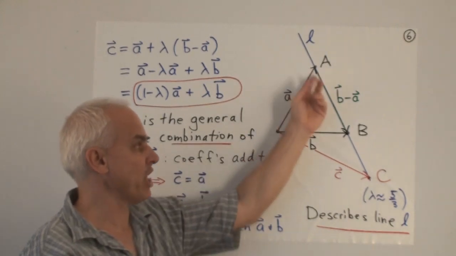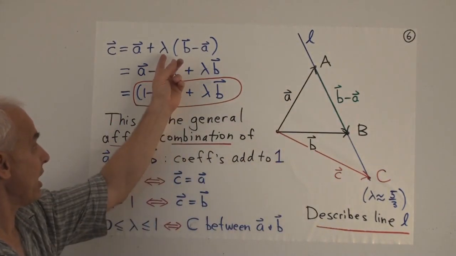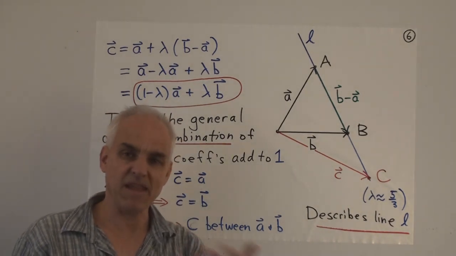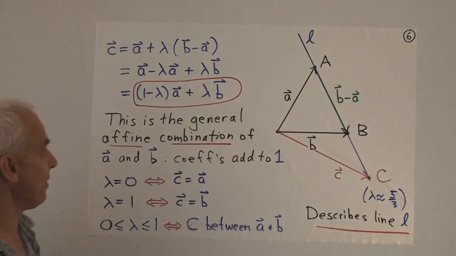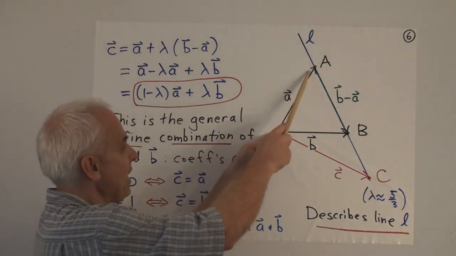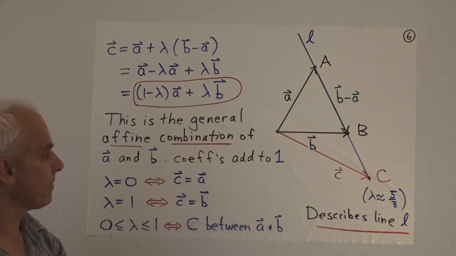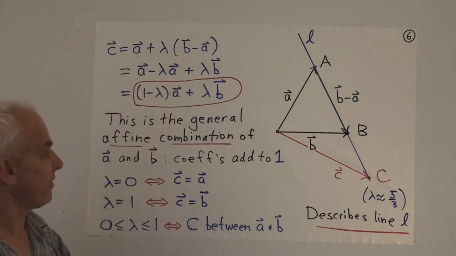But now we're going to use a general multiple. So we have to introduce a letter. Let's introduce a Greek letter, because Greek letters are often used for numbers in this situation so that they're not confused with vectors. So let's say lambda. So we're taking the vector A plus lambda times B minus A. What is that when we simplify it?